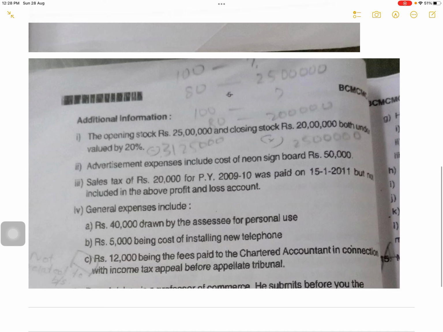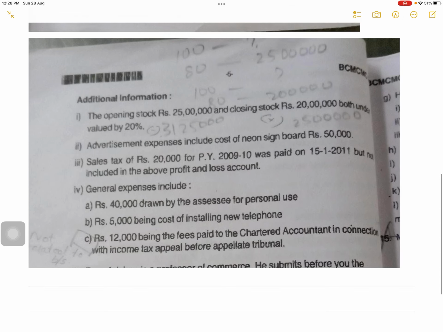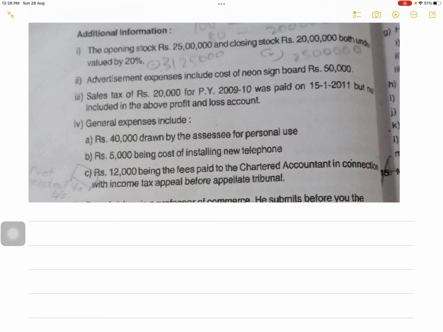Okay, now let us see the adjustment. Opening stock of rupees 25 lakh and closing stock of rupees 20 lakh, both undervalued by 20%. Okay, I'll be explaining this in detail here. So now this is a trading account.